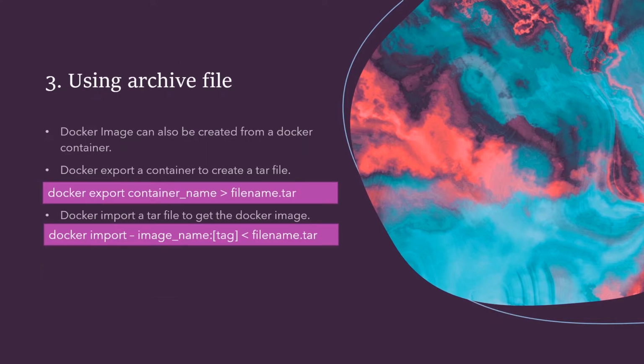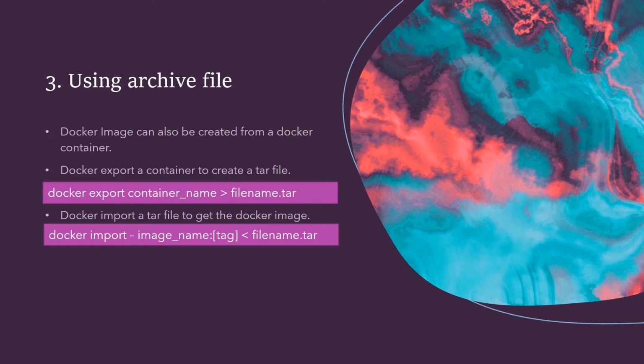Now, moving forward, let us look at how we can create Docker images from Docker containers. Till now, we have learned that Docker containers are created from or with the help of Docker images. But here you can also create a Docker image from a Docker container with the help of import and export commands.